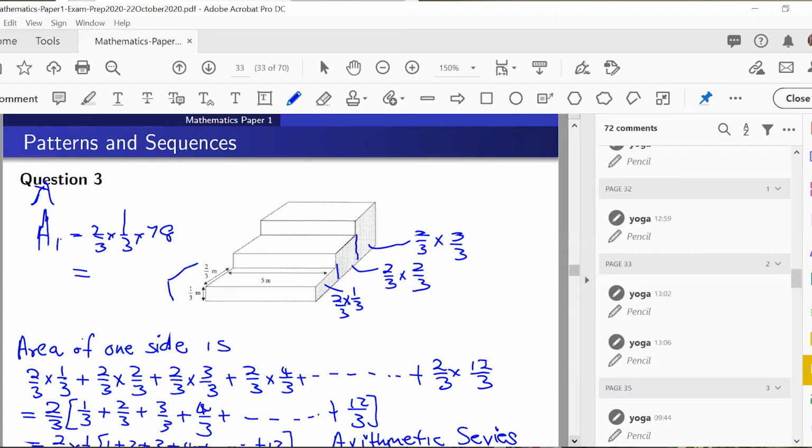And that will give us 17.33. So the total area will be 2 times 17.33, which is 34.67.